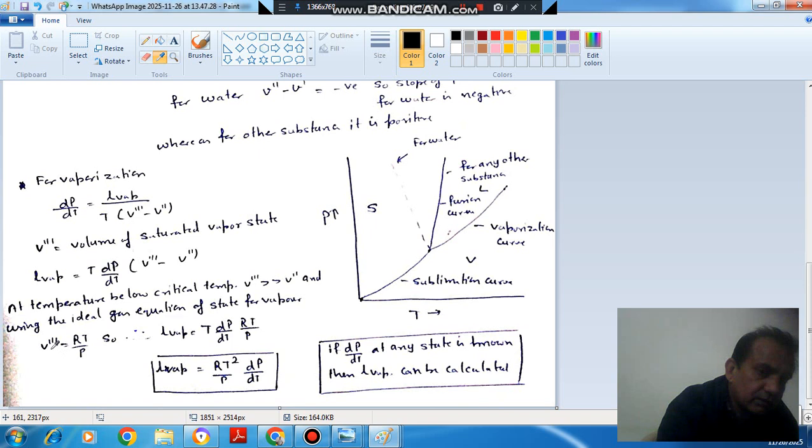So V triple dash will be equal to RT by P. Then this equation can be modified: neglecting this, it can be written as L evaporation is equal to T dP by dT times RT by P, or L evaporation is equal to RT square by P dP by dT. If we know dP by dT, then we can find out L evaporation.